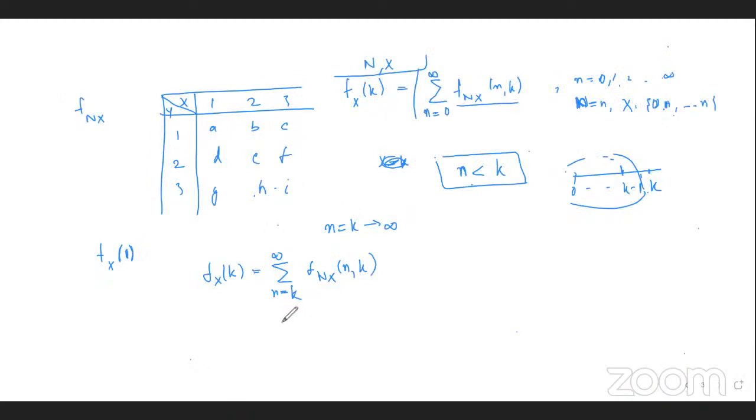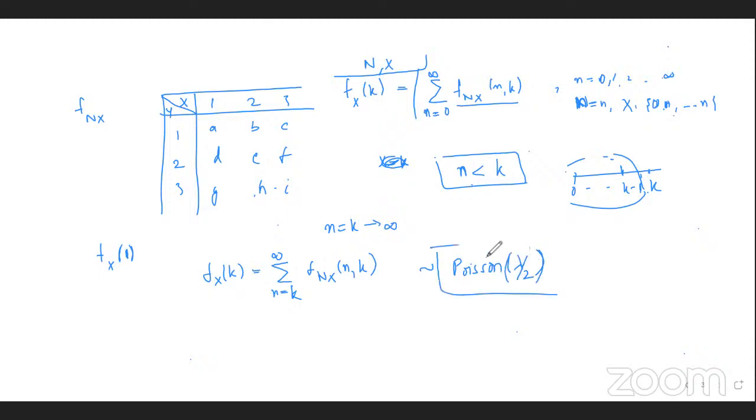So we can just substitute it here, and if you solve it, this follows the Poisson distribution with parameter lambda p. In this example, p was 1 by 2, so you will get lambda by 2.